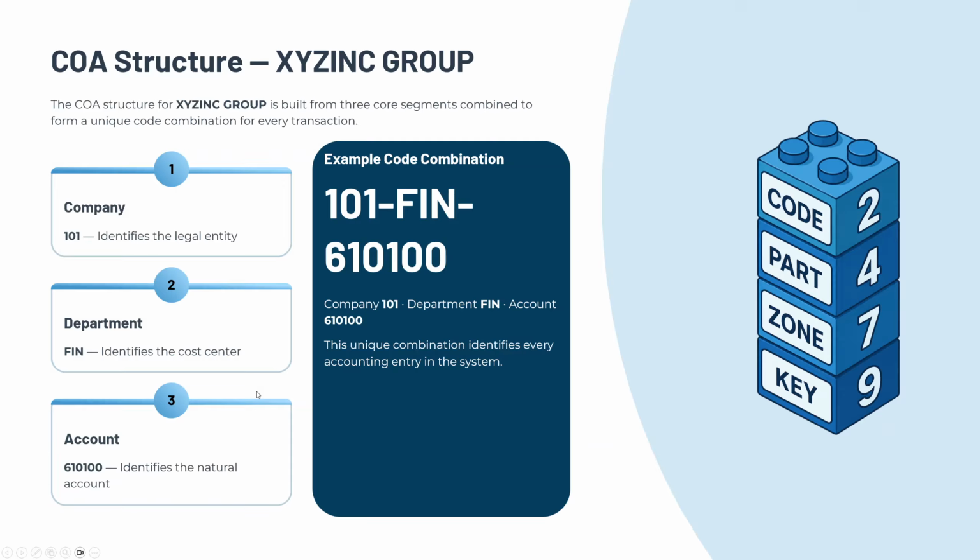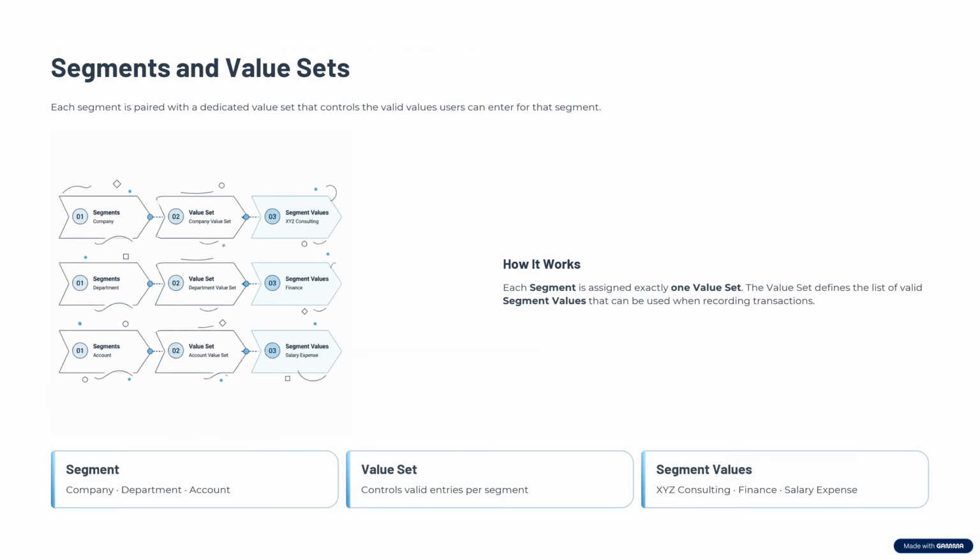In the previous slide we saw that this company value set is mapped to the department and account. This is what you can call a code combination. Likewise, we need to map the segments with the value set, and the value set with the segment values. Same for department, the department value set, and financials also.